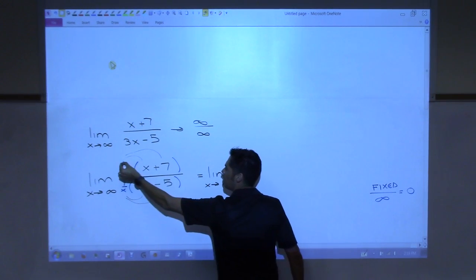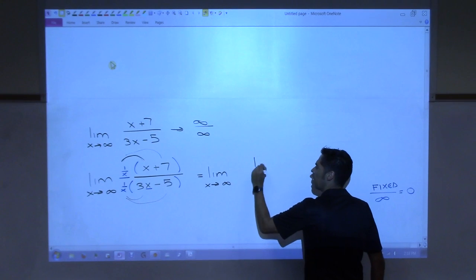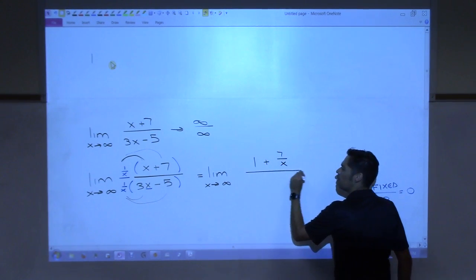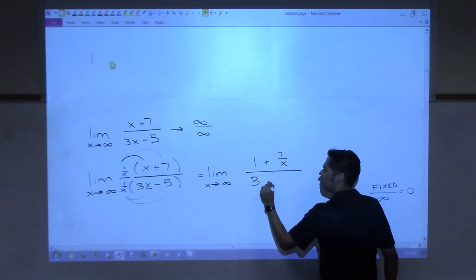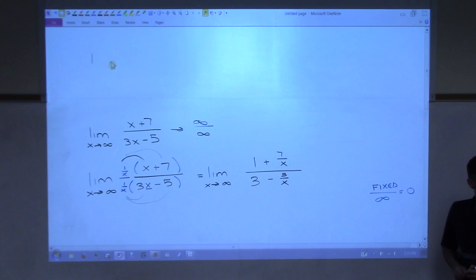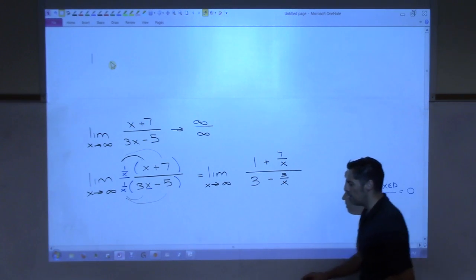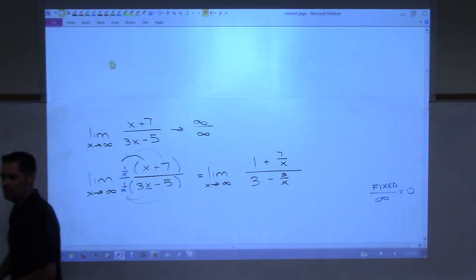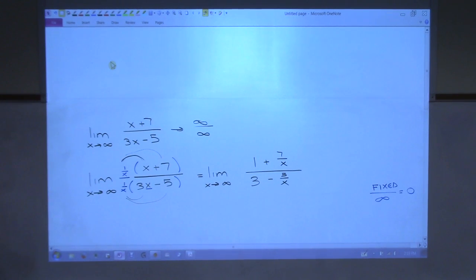What is this first multiplication through here? 1. Next one? Plus 7 over x. Over 3 minus 5 over x. So where I used to not have any of these situations of fixed over infinity, do you see that I've created them? See how I've created them? 7 over x, 5 over x.